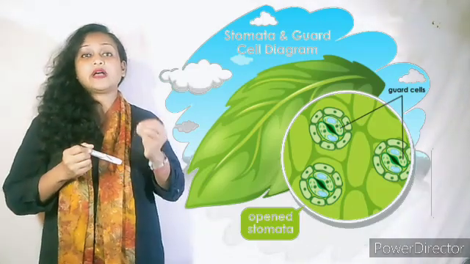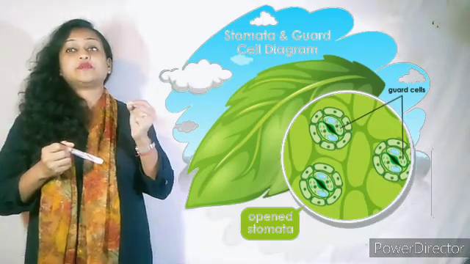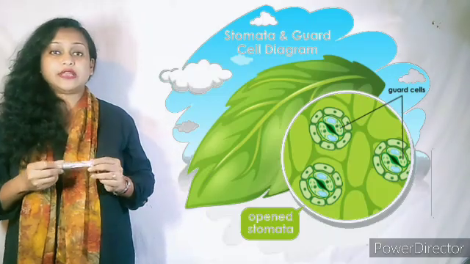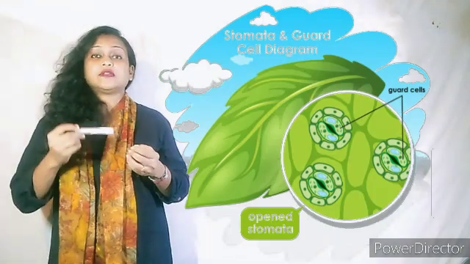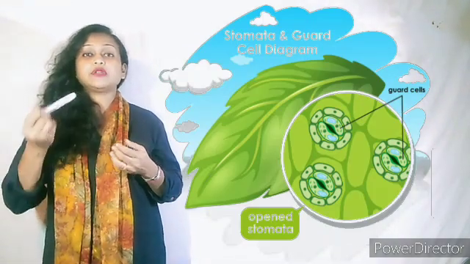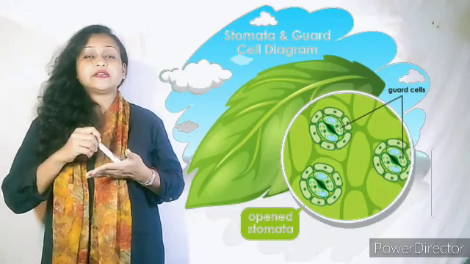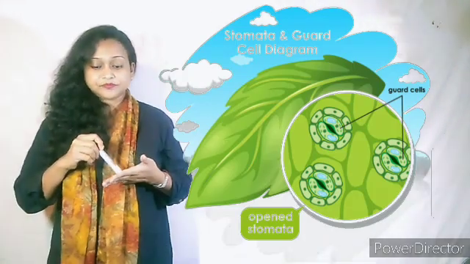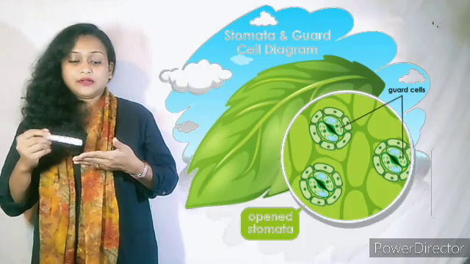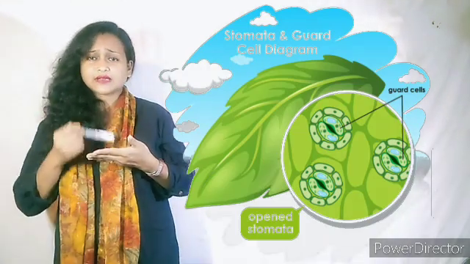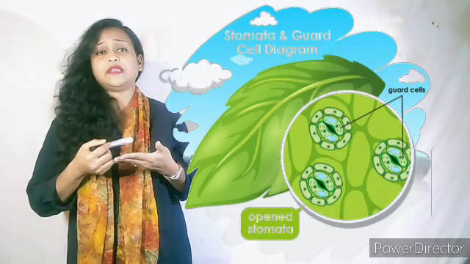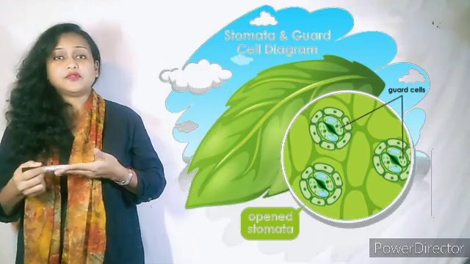Do you remember what stomata are? Yes, stomata are tiny pores present on the surface of the leaves. Through these pores, carbon dioxide from the air enters into the leaves, and this carbon dioxide gas is absorbed by the leaves to make food for the plant.